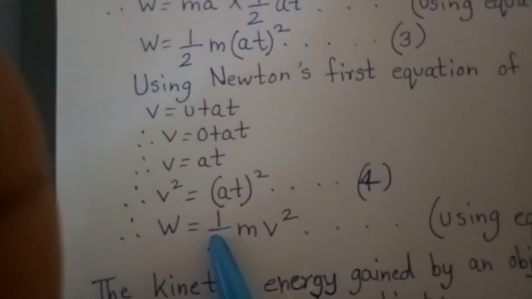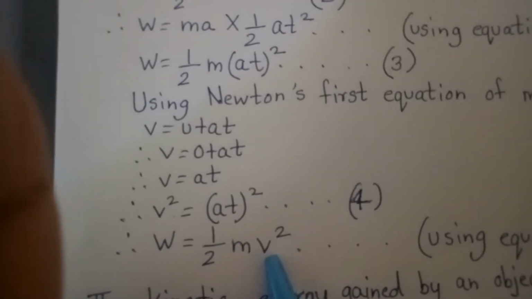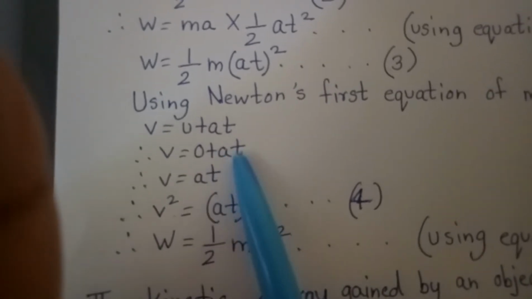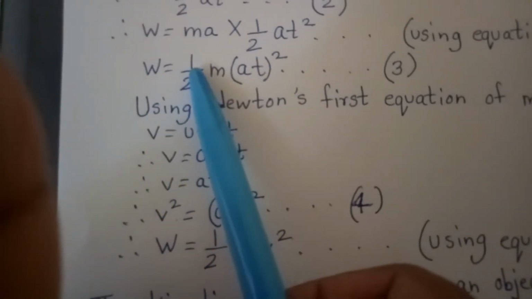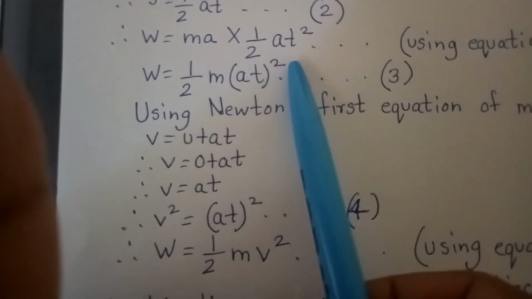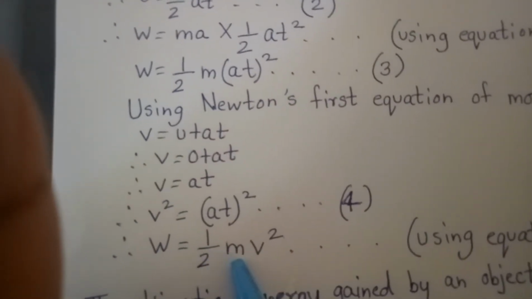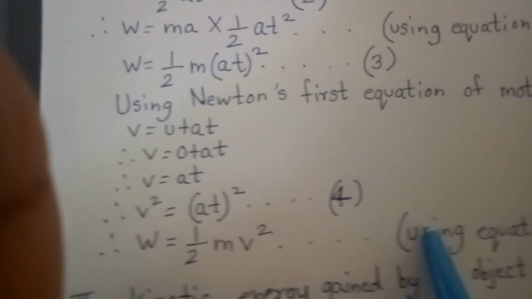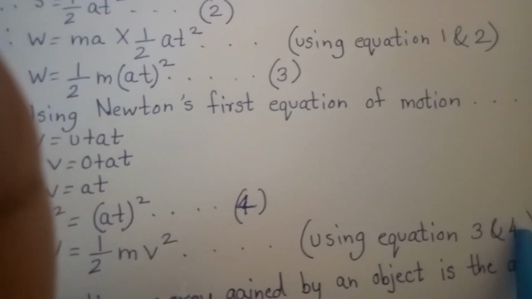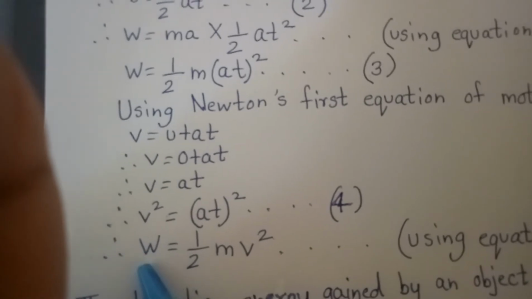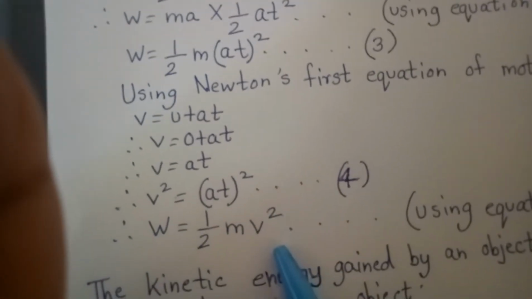Now w is equal to half mv square. Why mv square? Because w is equal to half m a square t square, and a square t square itself is v square. So half mv square. Using the equations third and fourth, we got that w is equal to half mv square.